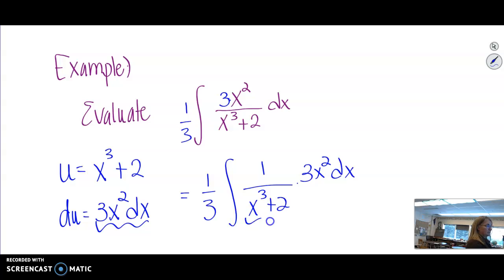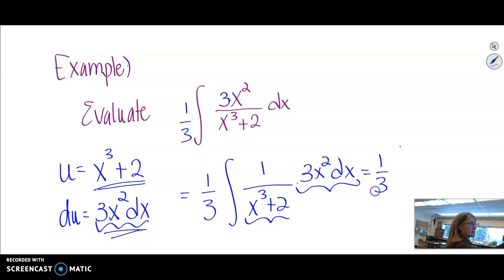So this is my u, right? This is equal to du. So I can rewrite this as 1/3 times the integral of 1 over u du. So now I'm integrating 1 over u with respect to u, and then I'll sub back in what I get in terms of x in a minute.